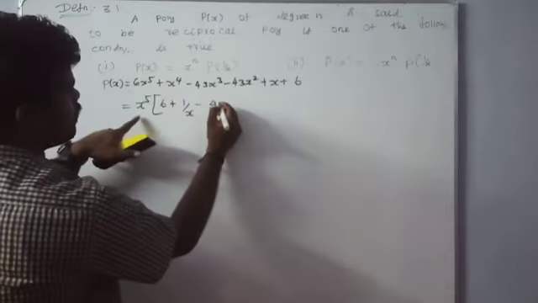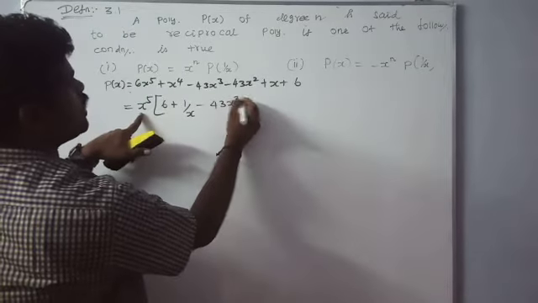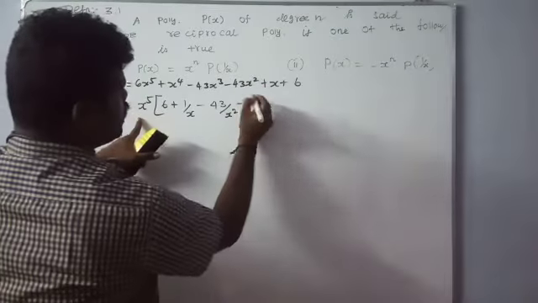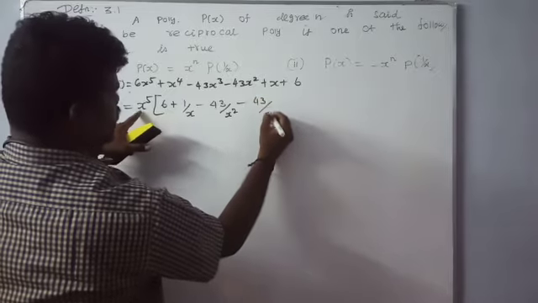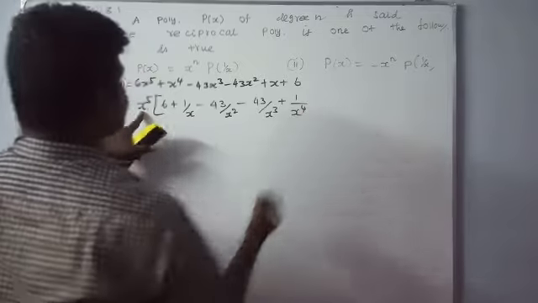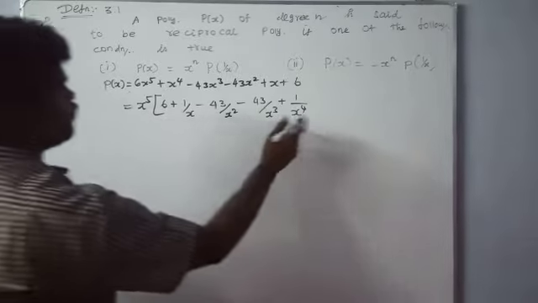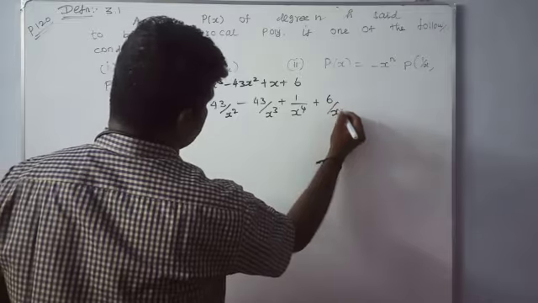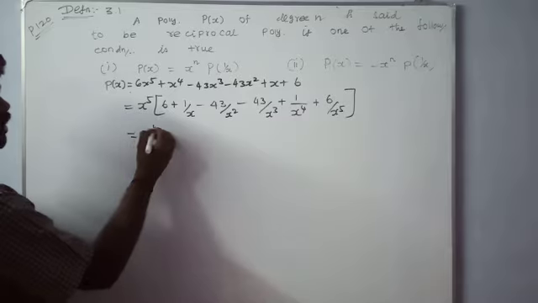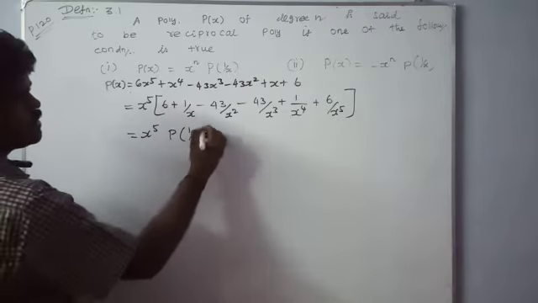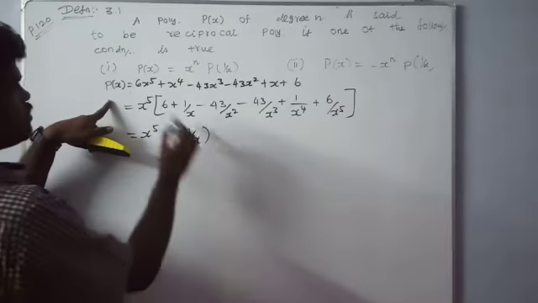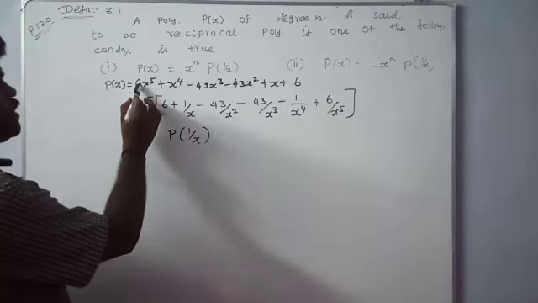And here minus 43 by x squared, and also minus 43 by x cubed, plus 1 by x power 4, and plus 6 by x power 5, right? Here x power 5 into p of 1 by x, because this is p of x, and p of 1 by x is what? 6 by x power 5.